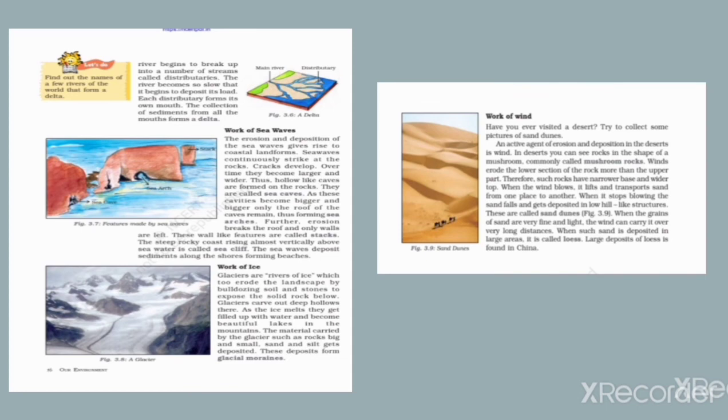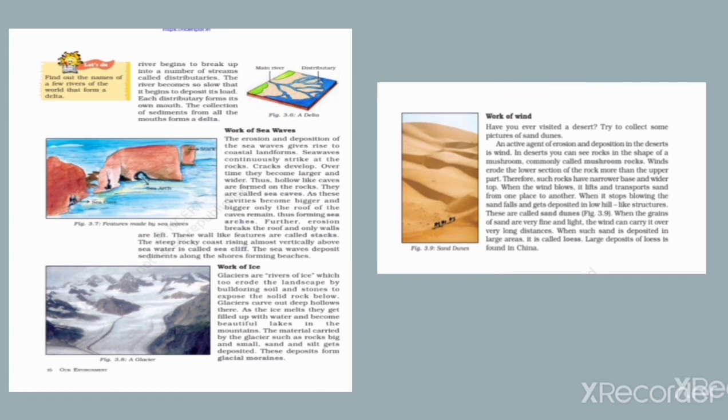Now, as the ice melts, the hollows get filled up with water and become beautiful lakes in the mountain. The material carried by the glaciers, such as rocks, big and small, sand and silt, gets deposited. These deposits are called glacial moraines.